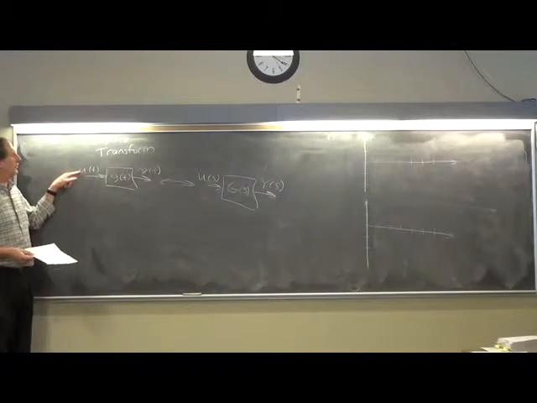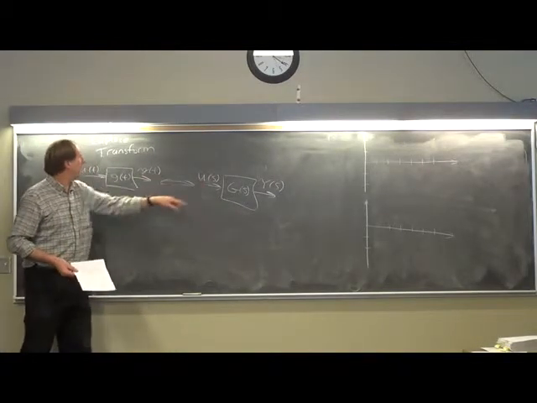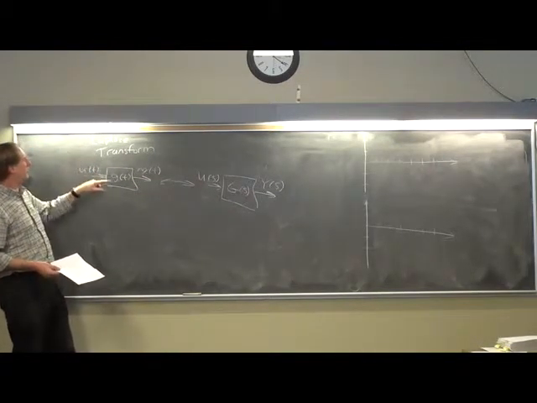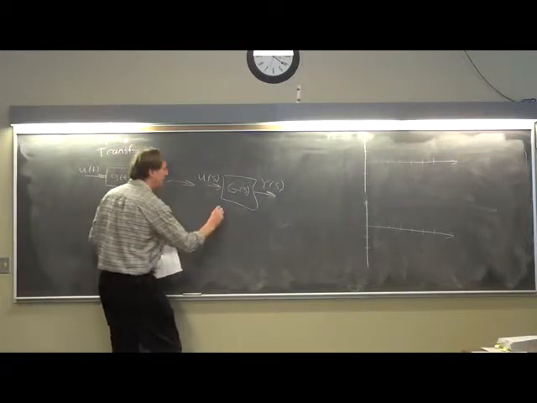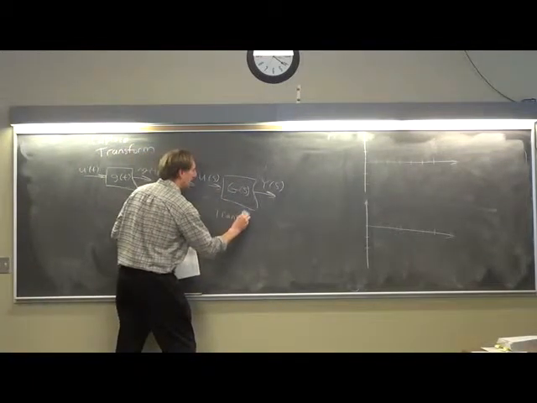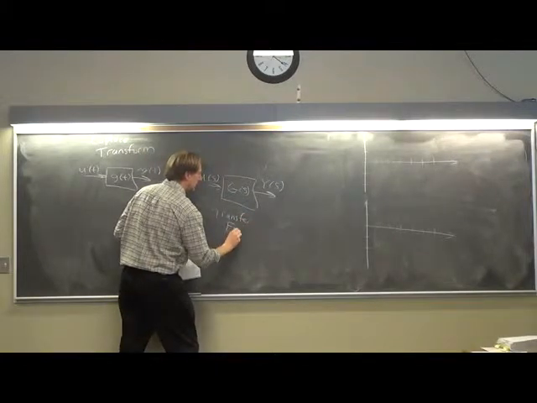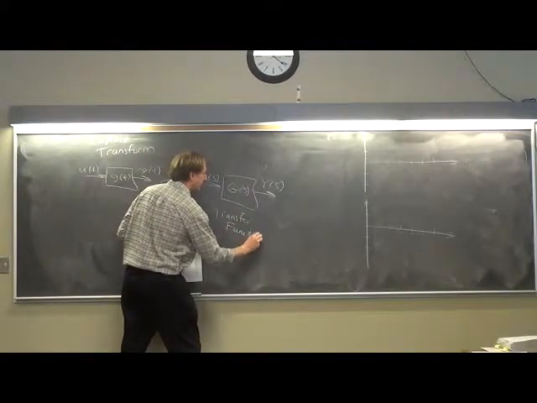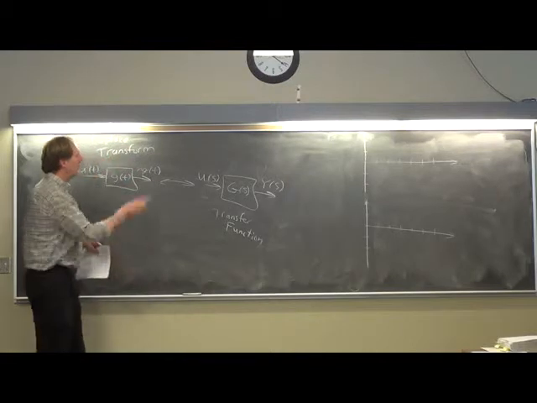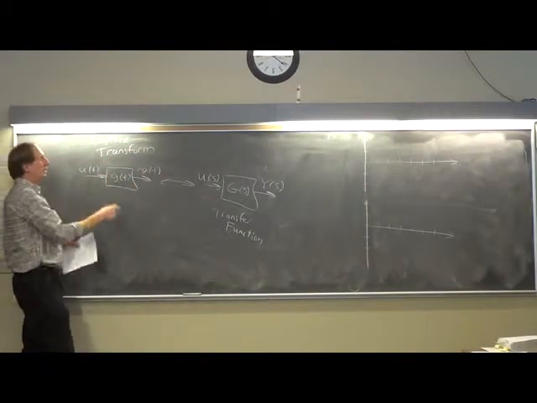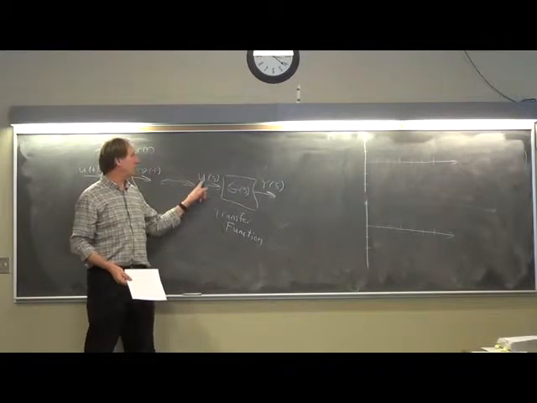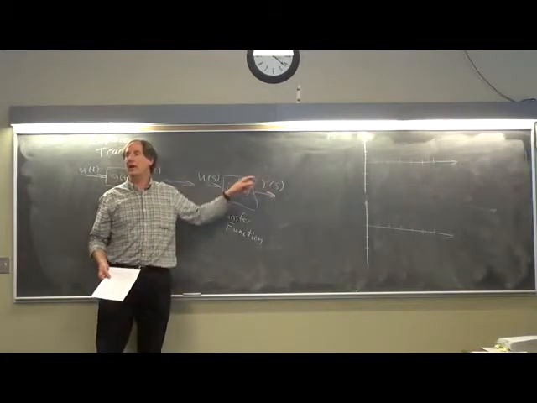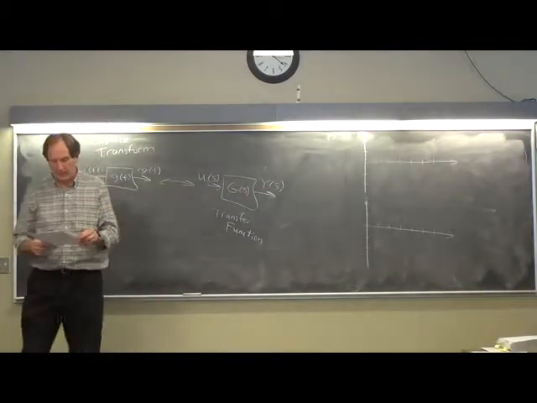The Laplace transform of the input, U of t, is U of s. The Laplace transform of the impulse response is the transfer function. Convolution in the time domain, multiplication in the frequency domain: multiply U of s times G of s, and you get the output in the frequency domain.